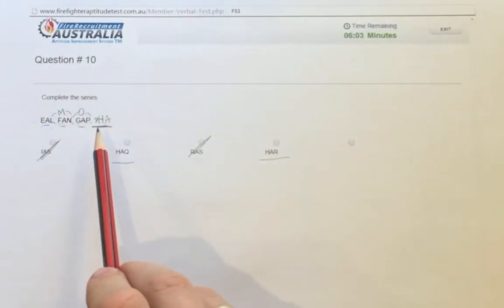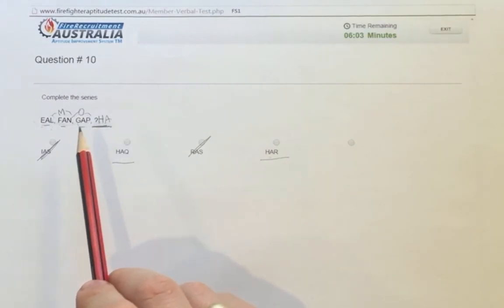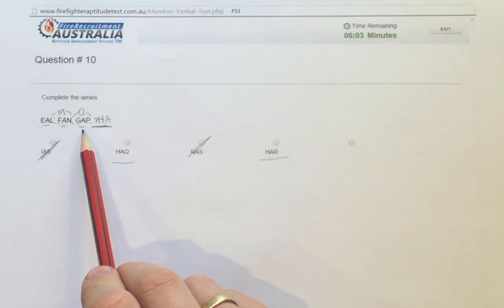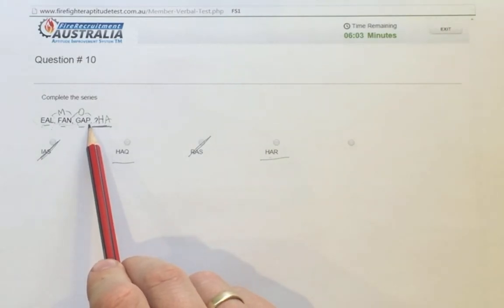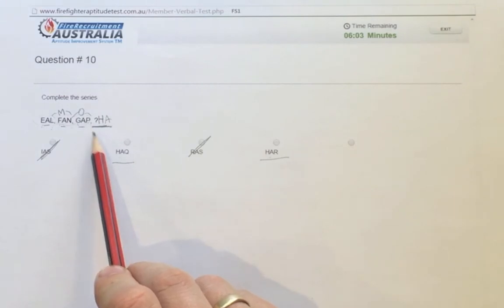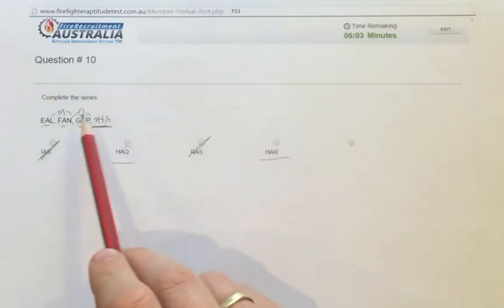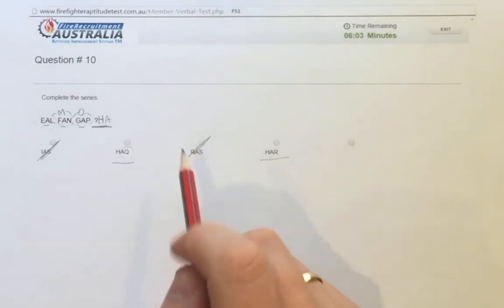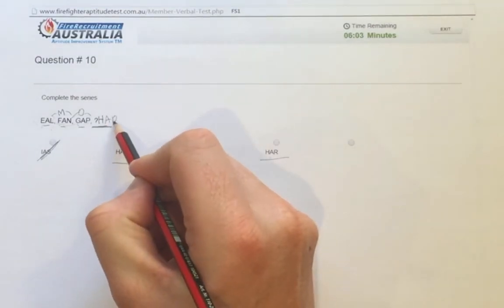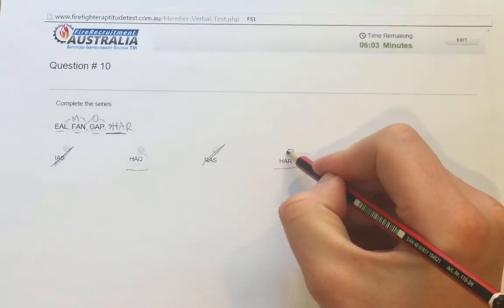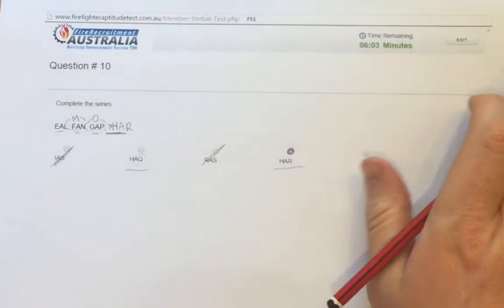So if it was H, A, B, C, D, E, F, G, H, I, J, K, L, M, N, O, P, Q is the next one, but we're skipping one, so Q, R. So it's going to be H, A, R, which gives us HAR as the answer.